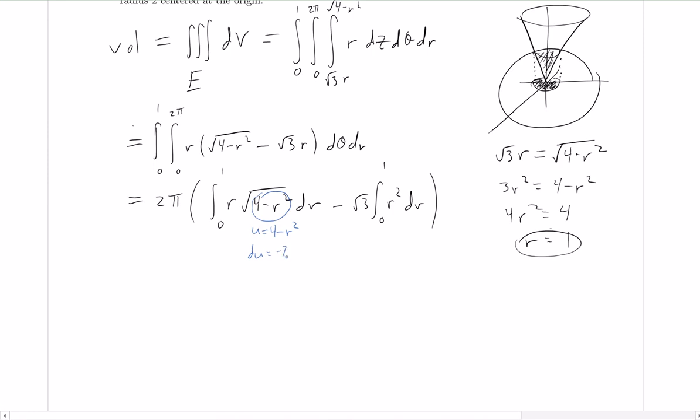So du is minus 2r dr. So this will just be square root of u, and we don't have the factor of minus 2, so we'll make up for that by multiplying by minus 1/2. And let's see, what are the new bounds? When r is 0, u is 4. And when r is 1, u is 3.